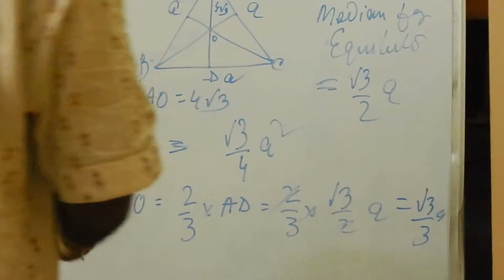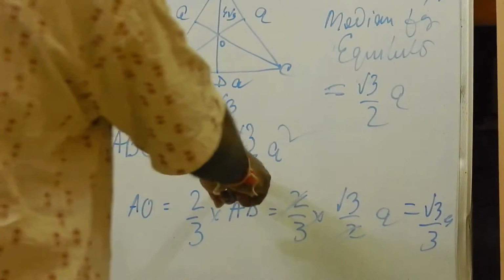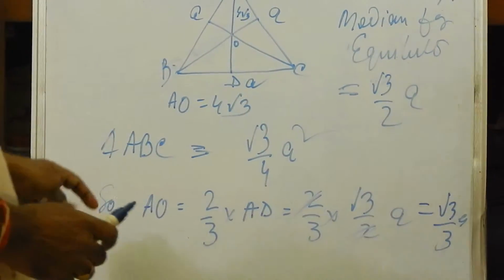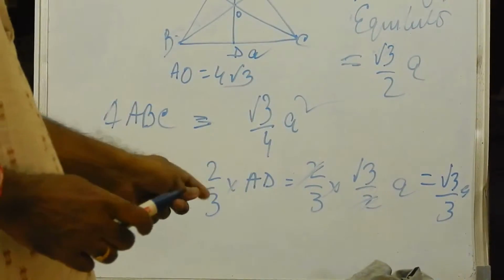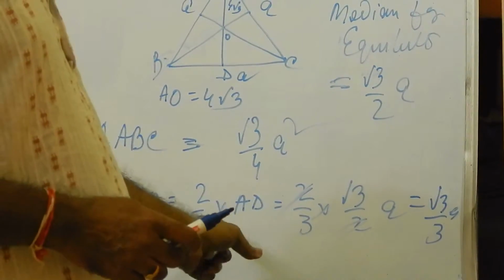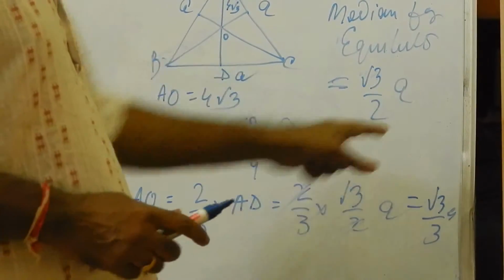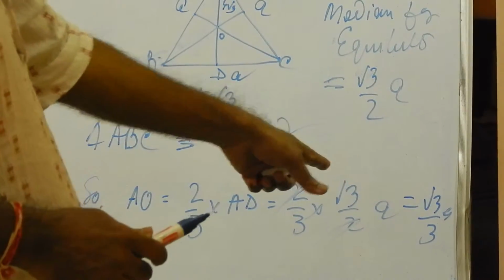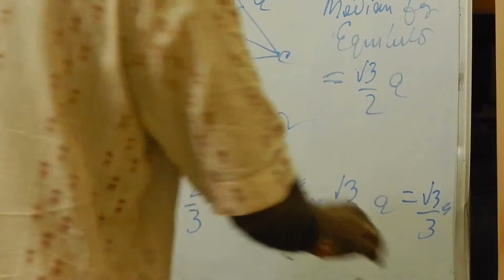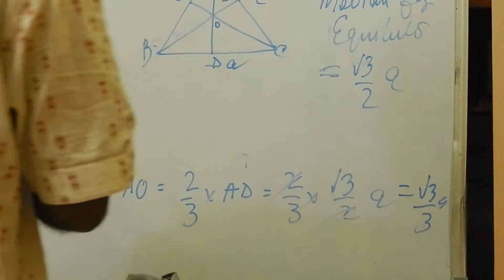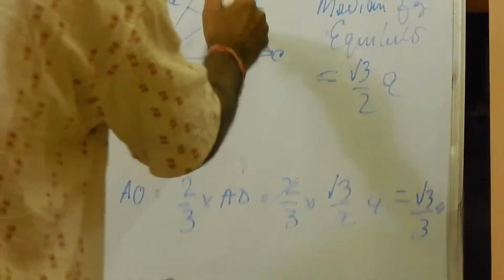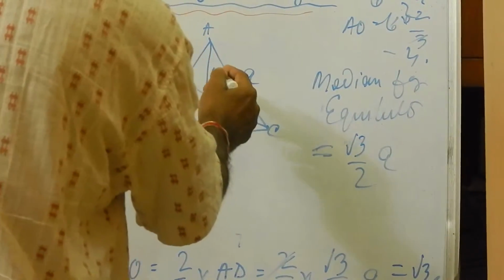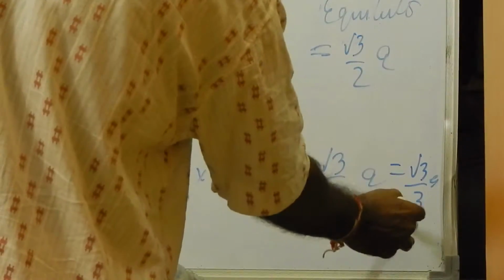So AO equal to 4√3, it is given, and for ABC we know the area is root 3 by 4 A square, and AO equal to 2/3 of the median, as I told you earlier. So 2/3 into the median's value root 3 by 2A, so root 3 by 3A. So by the problem, the numerical value supplied to us is 4 root 3, and here we deduced this value.